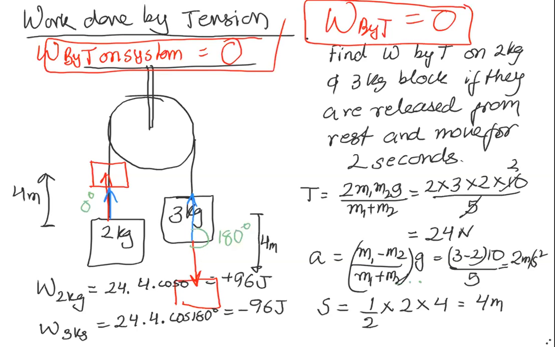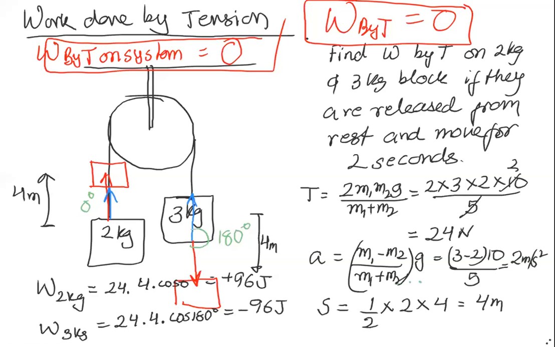Remember, tension is a force which generates constraints. And like I said, the whole concept of work energy is that we don't want constraints. Okay? Work done by tension is zero. However, just like normal reaction, there are exceptions. The exception is that if you are asked to find the work done by tension on one object in a system, then it may be possible that work done by tension may not be zero, as it is here.